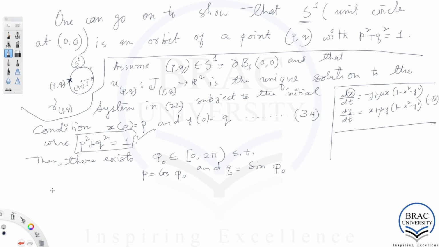We show that at a subsequent time, the solution is going to be equal to (cosine(t plus phi 0), sine(t plus phi 0)) for all t in the positive real axis.